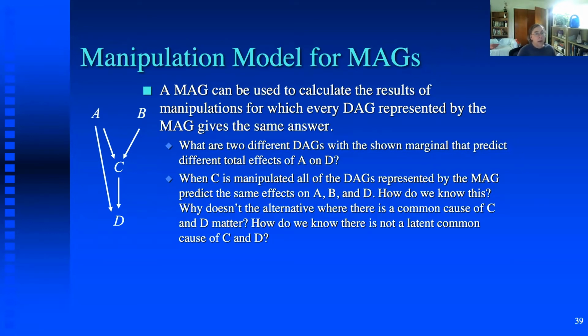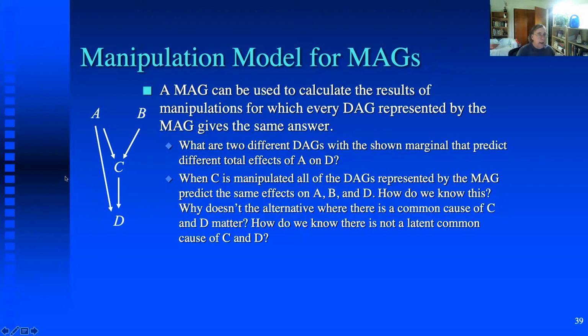One of them says, well, when you manipulate A, it really is a direct cause of D, and if I estimate the effect of A on D, then using the parameters that I assign to this MAG, I would get the correct answer.